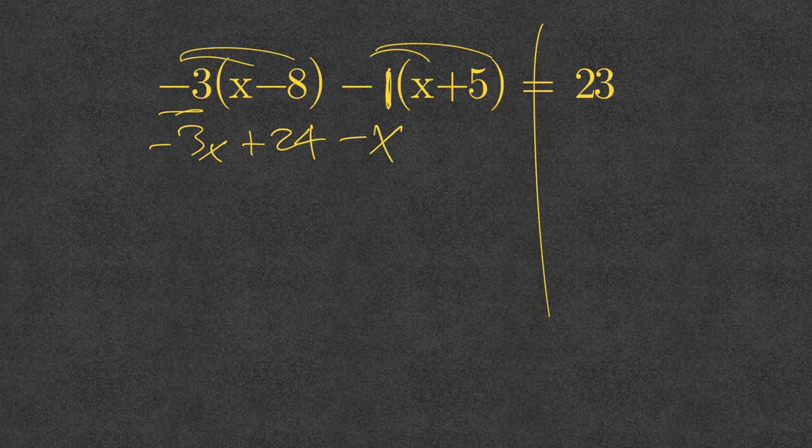Negative 1x. Negative 1 times positive 5. That's negative 5. Positive times a negative, always a negative. And then you just combine like terms.